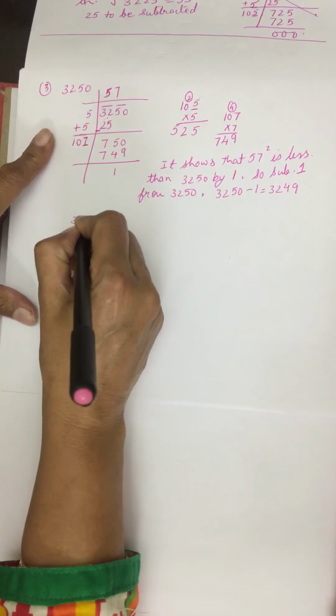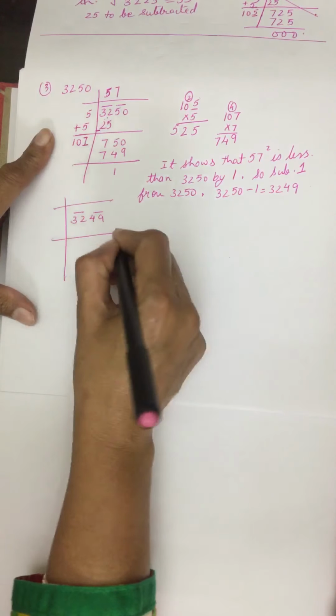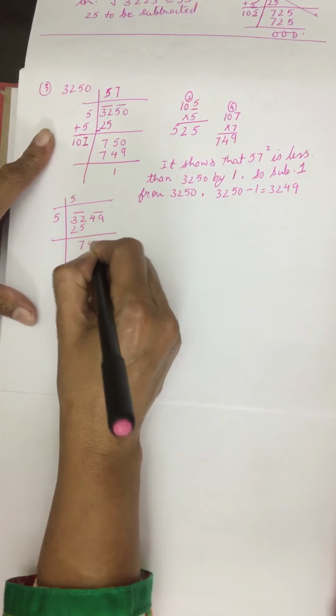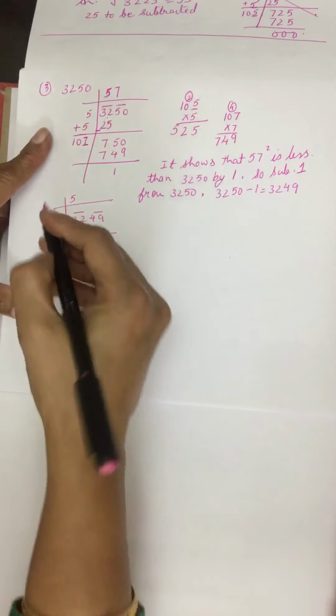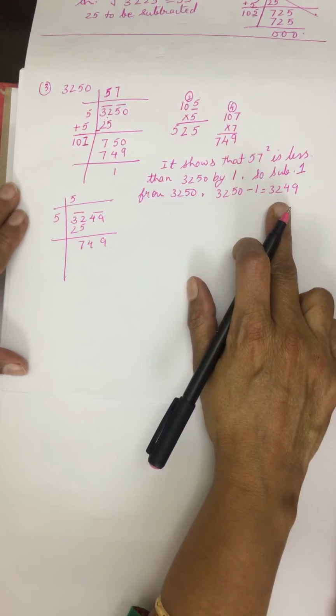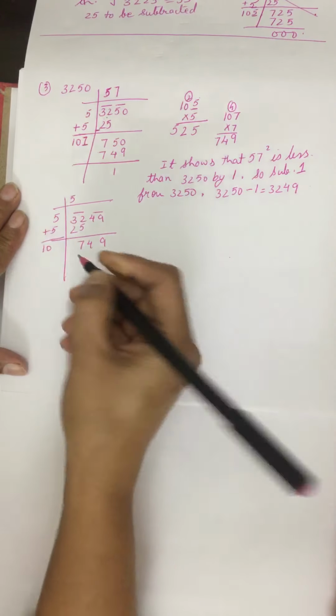One more time I can explain how you will get it. Put the bar. See, 5 5s are 25, 749. Similar way. But instead of 3250, after subtracting, it becomes 3249. Double the divisor.